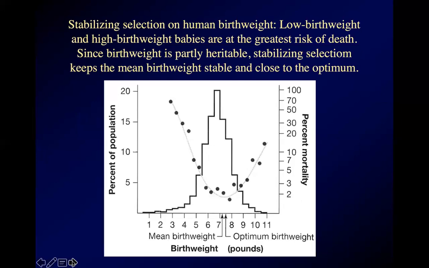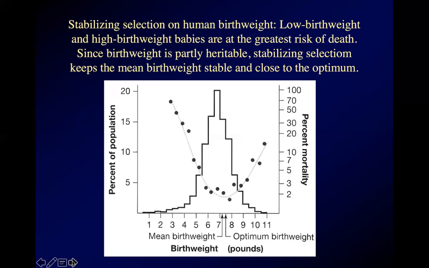So it goes. You also have an increase in mortality for very large babies because labor takes longer. They're probably more likely to be damaged passing through the birth canal. There may be other complications I'm not aware of, but very large babies have a higher risk of dying. Very small babies have a higher risk of dying.